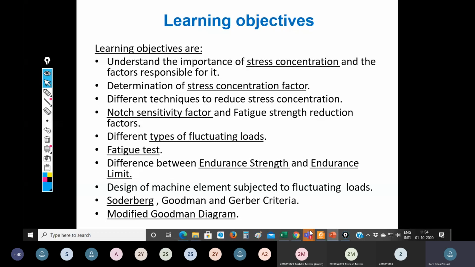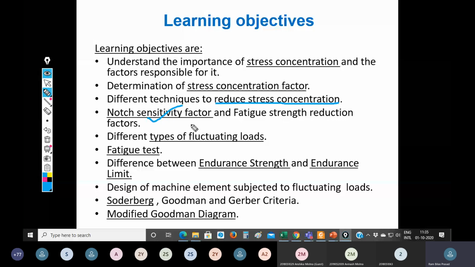Determination of stress concentration factor: how it is determined. How you can reduce the stress concentration, the techniques you can use to reduce stress concentration in the component, and the notch sensitivity factor. If there is a notch in the component, how will it affect the design?